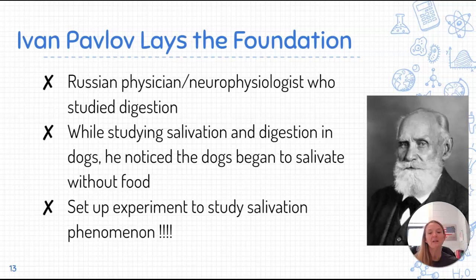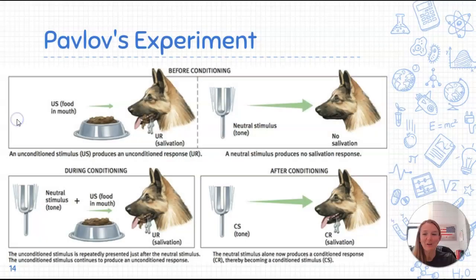While he was studying salivation and digestion in dogs, he noticed that his dogs started to salivate before he ever gave them any food. A new research question popped up in his mind, and he really wanted to know why that was happening. What process was going on? Thus he designed his well-known, famous dog salivation study.